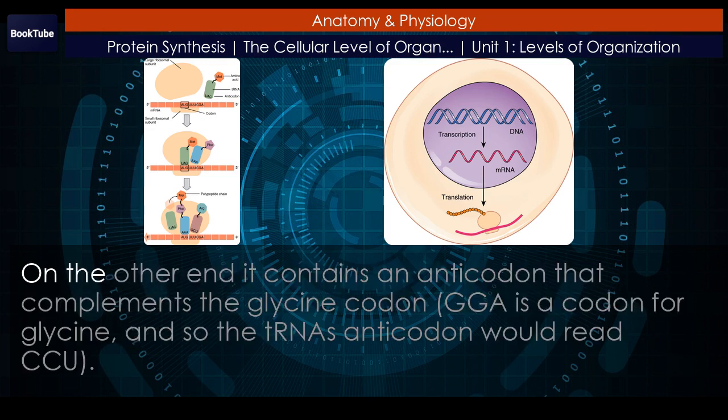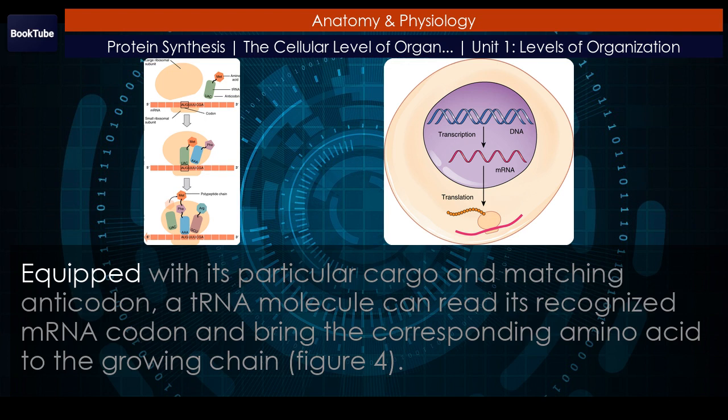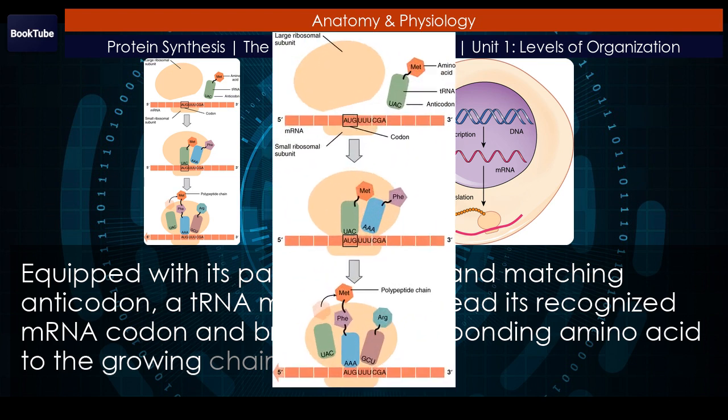On the other end it contains an anticodon that complements the glycine codon. GGA is a codon for glycine, and so the tRNA's anticodon would read CCU. Equipped with its particular cargo and matching anticodon, a tRNA molecule can read its recognized mRNA codon and bring the corresponding amino acid to the growing chain.